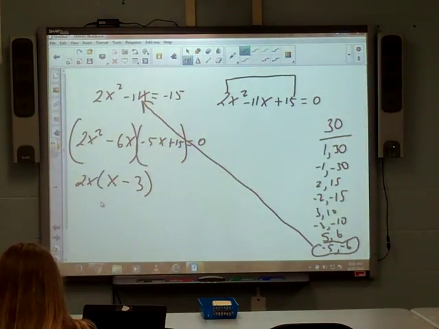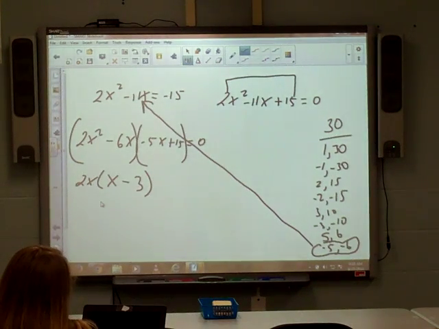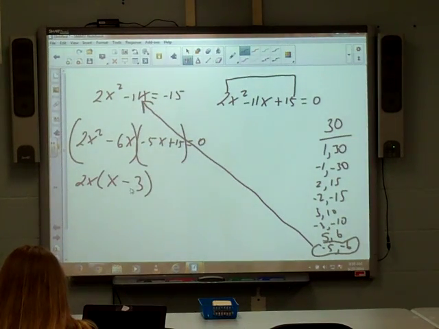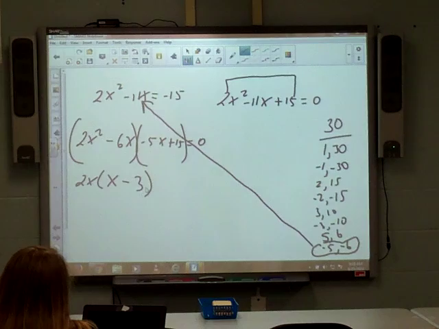Now, in order for this grouping stuff to work, I've got to be able to end up taking something out of this one that also leaves me with an x minus 3. So what do negative 5x and 15 have in common that when I take it away, it leaves me with x minus 3?